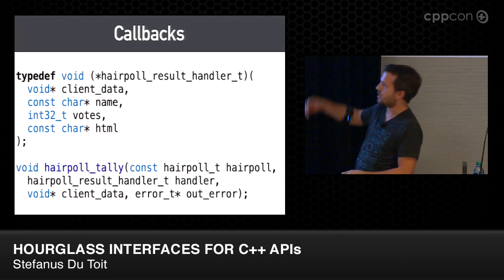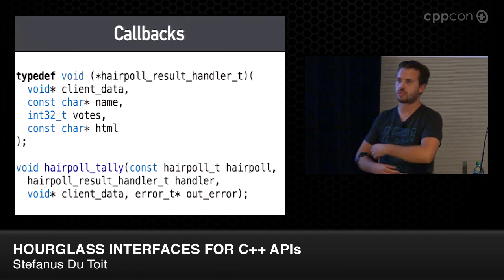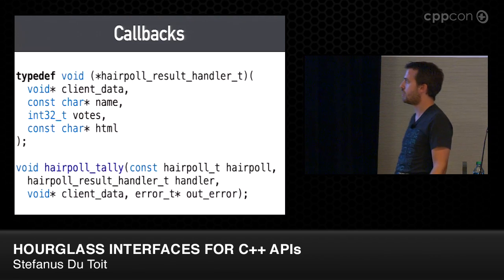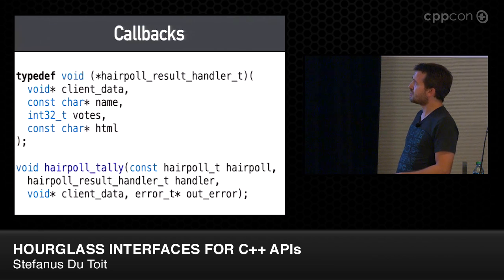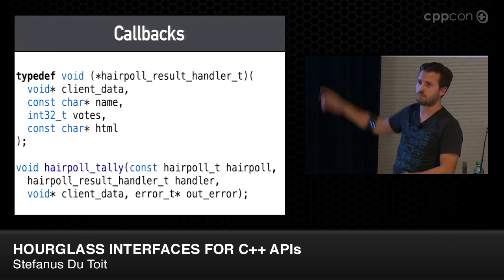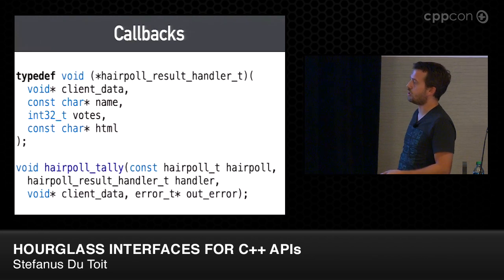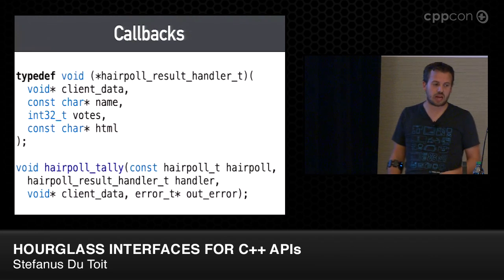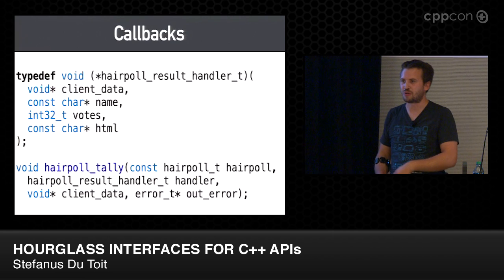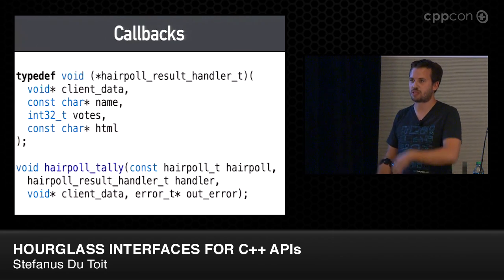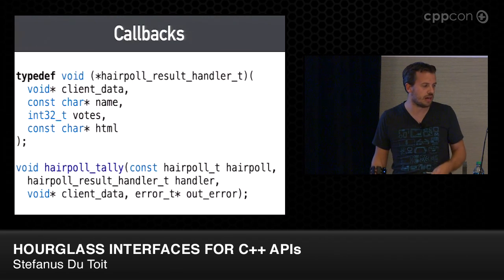So that's what we do here in hairpoll. We have this tally function. It's going to tally up all the results and tell us about it. And so the first thing we have is a function pointer typedef, and it's ugly, as they all are. So I encourage, if you're writing stuff like this, to use typedefs because you will hate yourself if you don't.